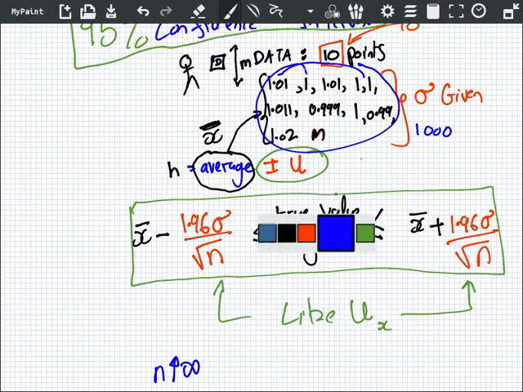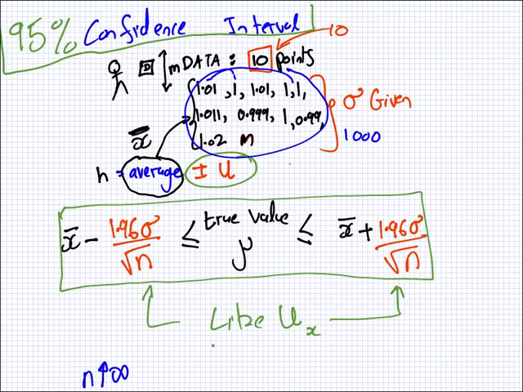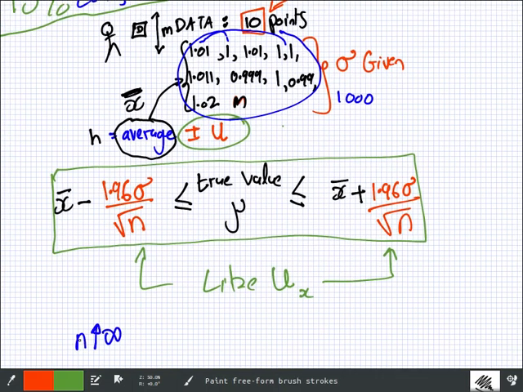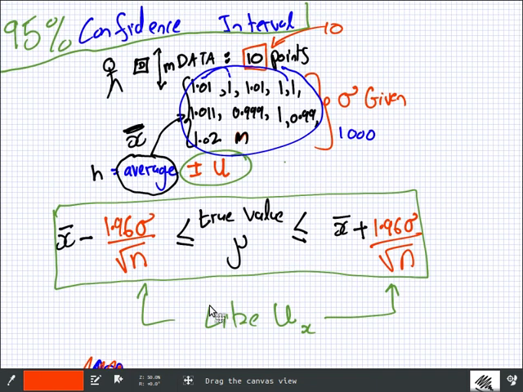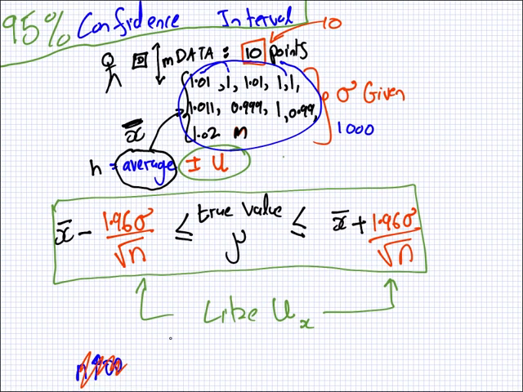What you're saying here is we are 95% sure that the true value will be between these two.